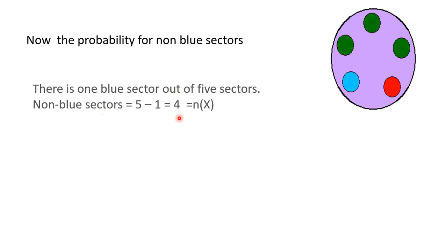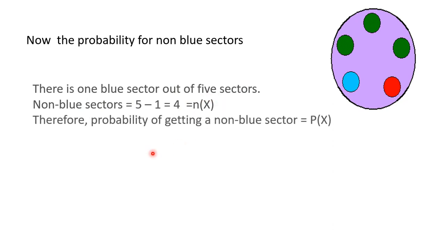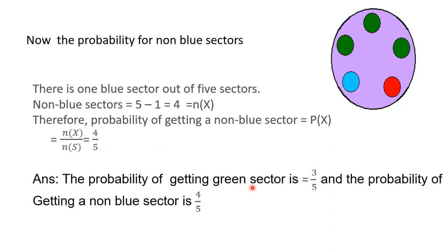So this is the favorable outcome for a non-blue sector, denoted by n of X. Now the probability of getting a non-blue sector is P of X, which is n of X upon n of S and is equal to 4 upon 5. Hence the probability of getting a green sector is 3 upon 5 and the probability of getting a non-blue sector is 4 upon 5.